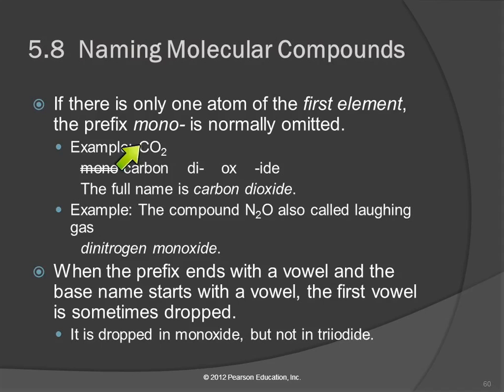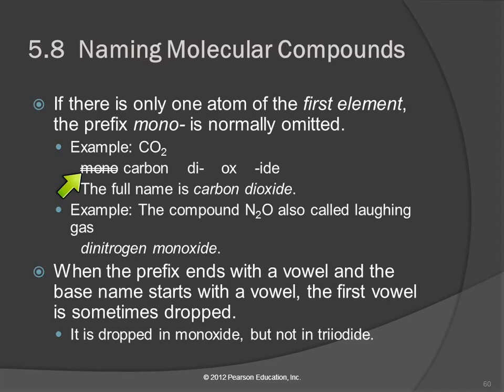So an example here is CO2. If we're going to name this, we look at the first element, it's carbon. Is carbon a metal? No. Not ionic. Using the new set of rules here. So we've got carbon, we've got oxygen, 2 nonmetals. So there is 1 carbon.